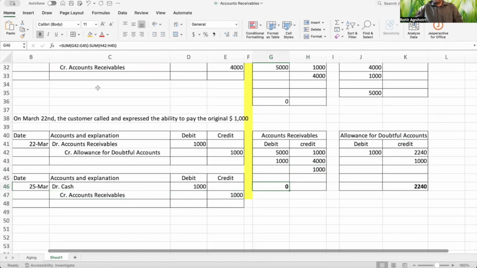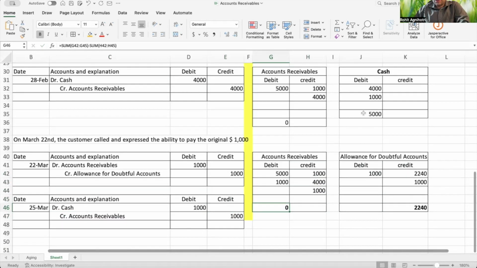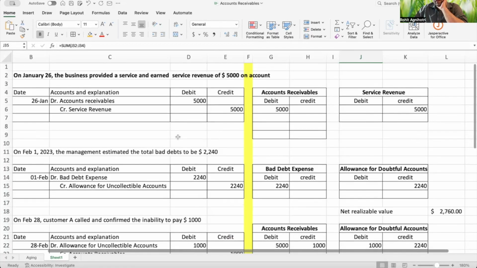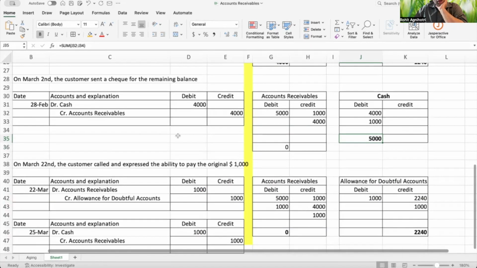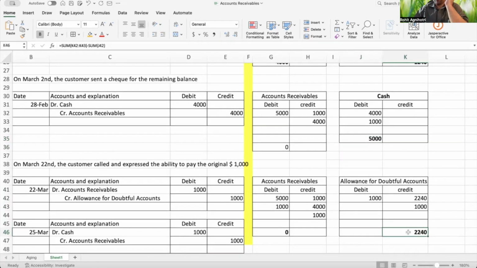So this customer has paid you the entire balance of $5,000. You collected a check two times. First check was $4,000. The next check was $1,000. You collected the entire balance, and you did not use anything from your allowance account because there was no need, because you got paid.